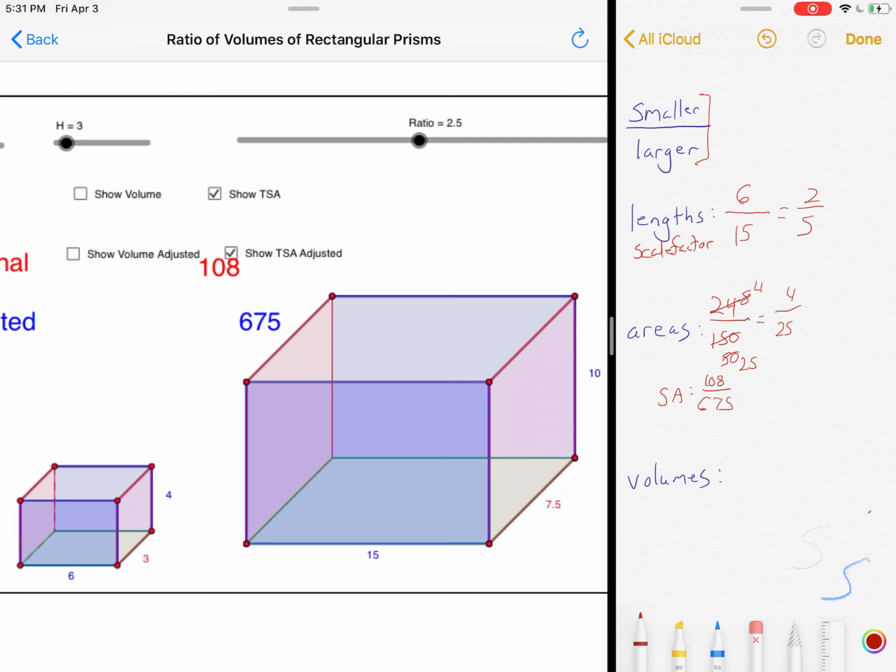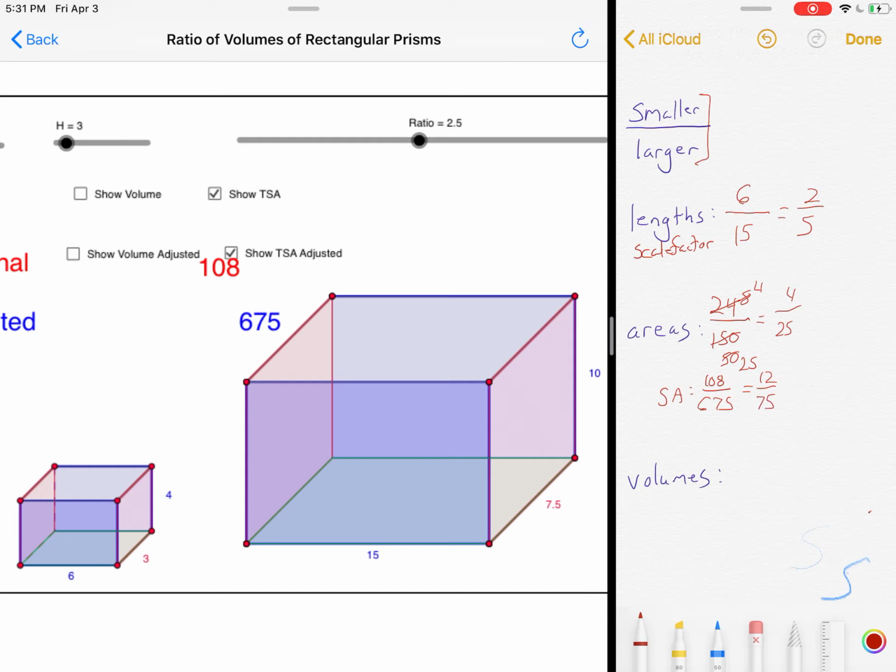I think 9 goes into both of these. So 108 divided by 9 is 12. 675 divided by 9 is 75.